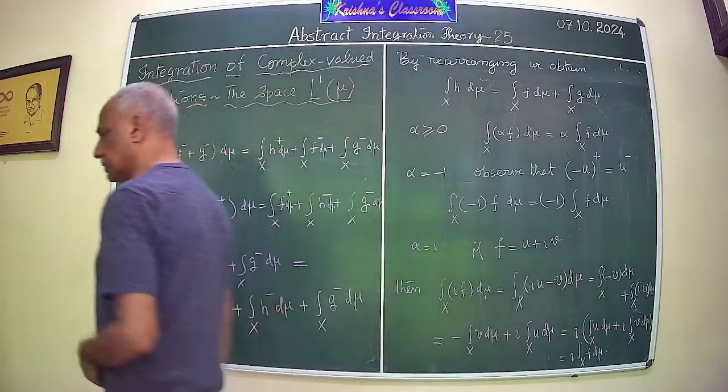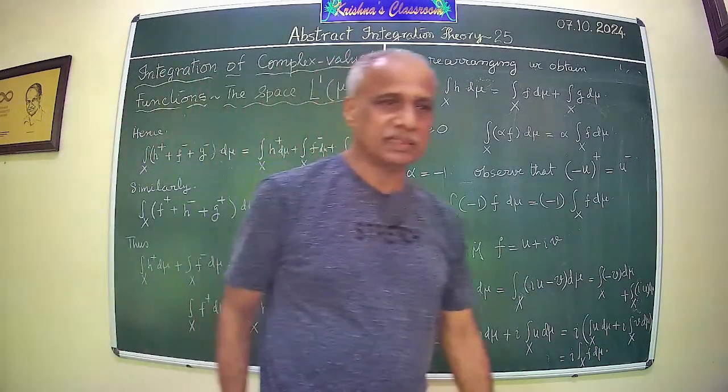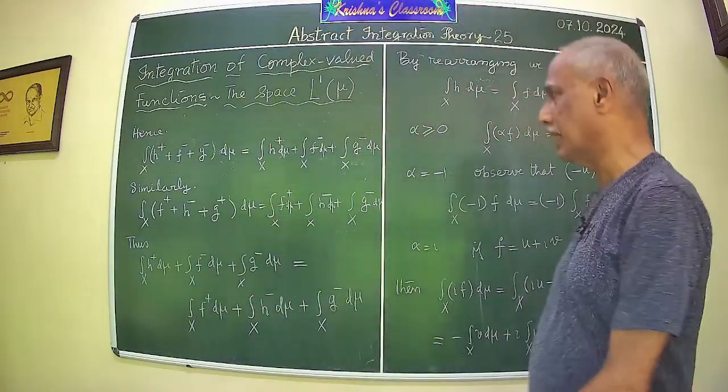Now having proved this for multiplication with i, now you can work with alpha plus i beta.